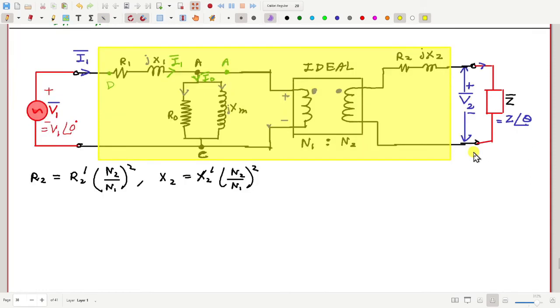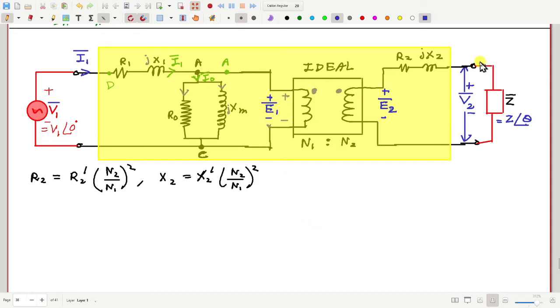Before that, let me put some more notations. This voltage here is not the same as V2 prime, and not the same as V2. So let me call it E2, which is this voltage. And similarly, let me call here the voltage E1, plus minus.